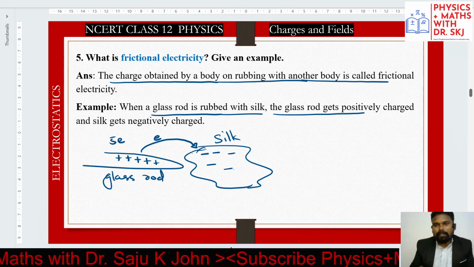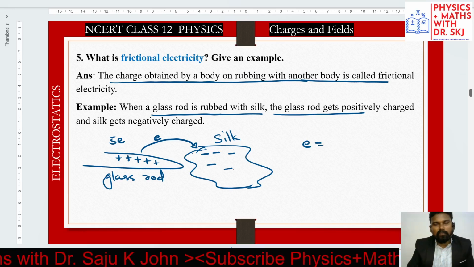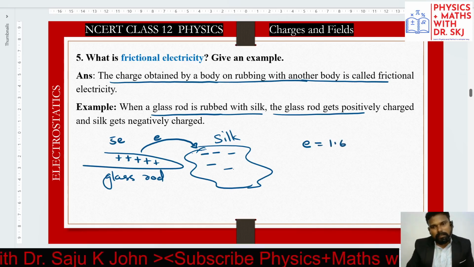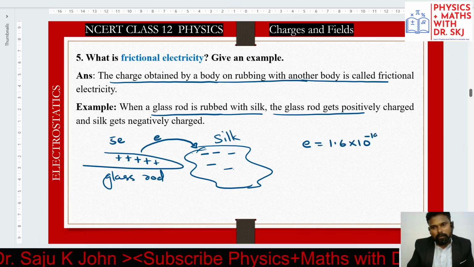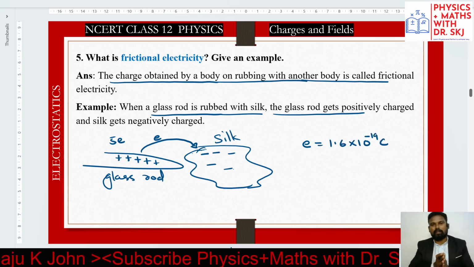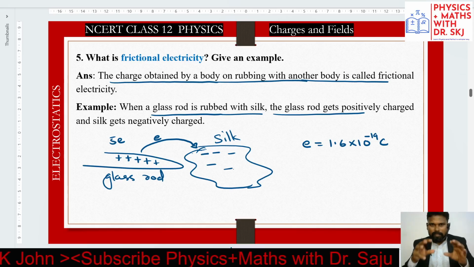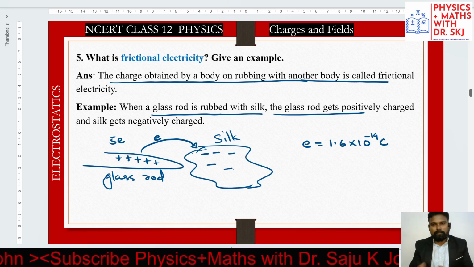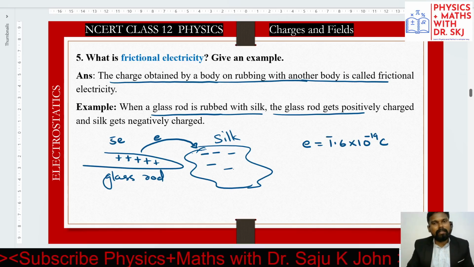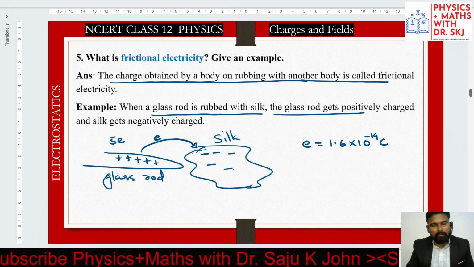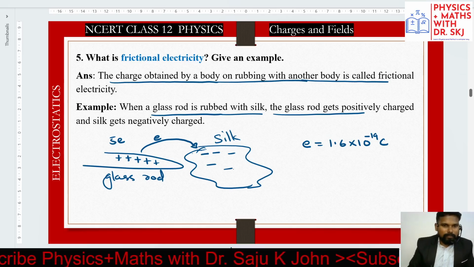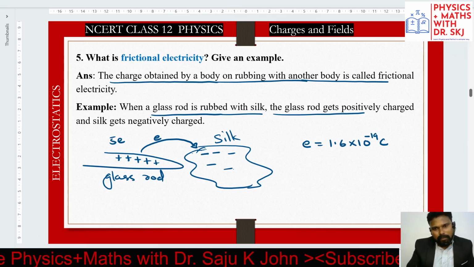Actually, this e is an amount of charge which is 1.6 × 10^-19 coulomb. This is the charge of an electron. The charge of an electron is negative. When there is a negative sign, it is the charge of an electron. Otherwise, it is that much positive charge. Okay, so electrons are transferring.